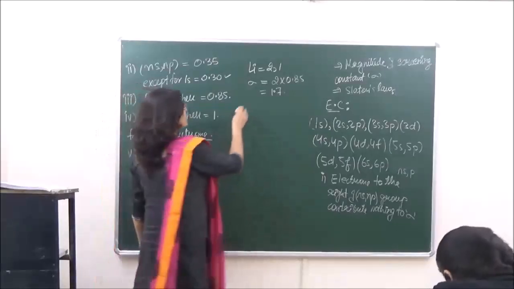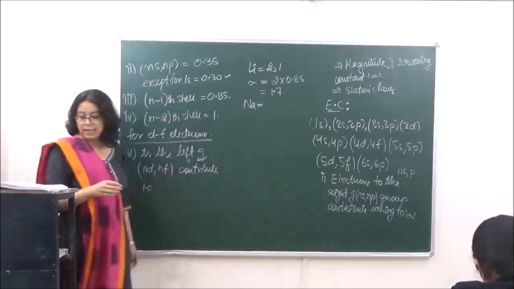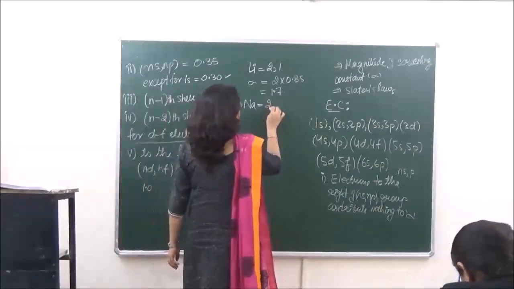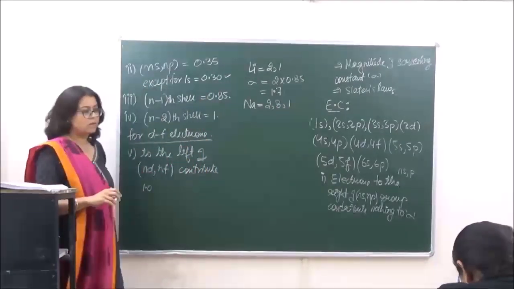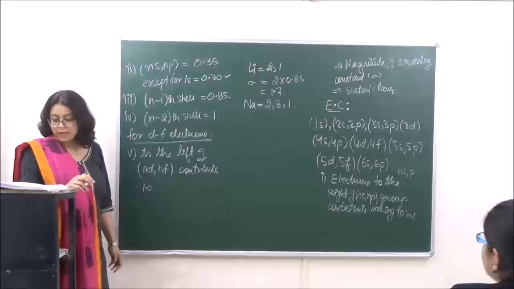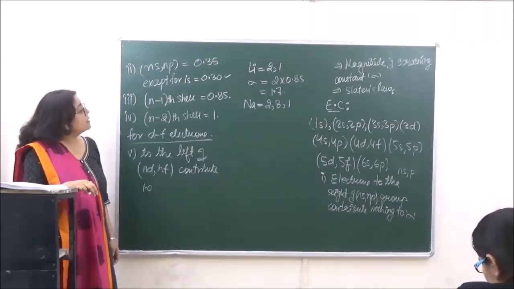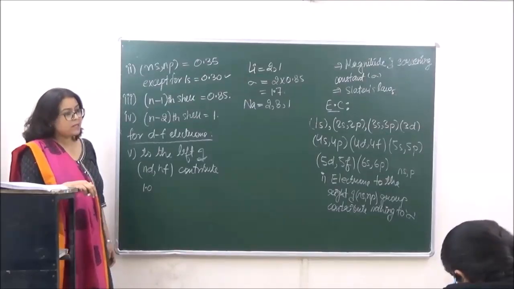Let's take another example, sodium. The electronic configuration of sodium is 2,8,1. How many electrons are there in the n-1 shell? 8.